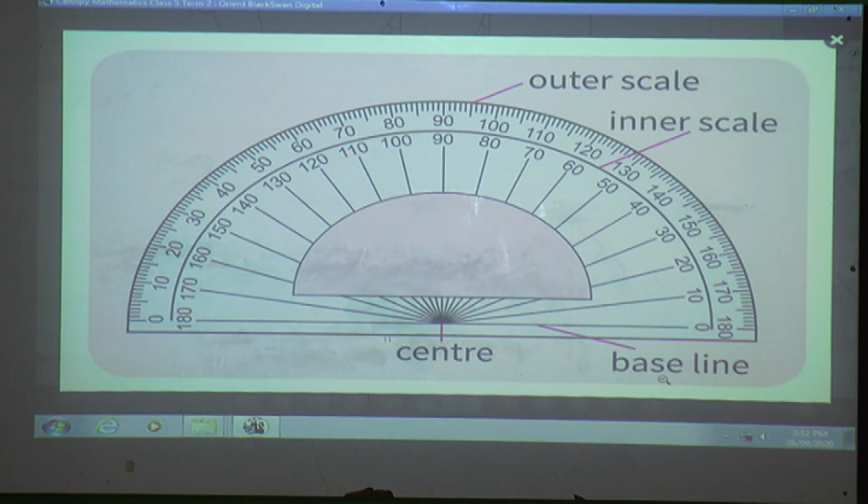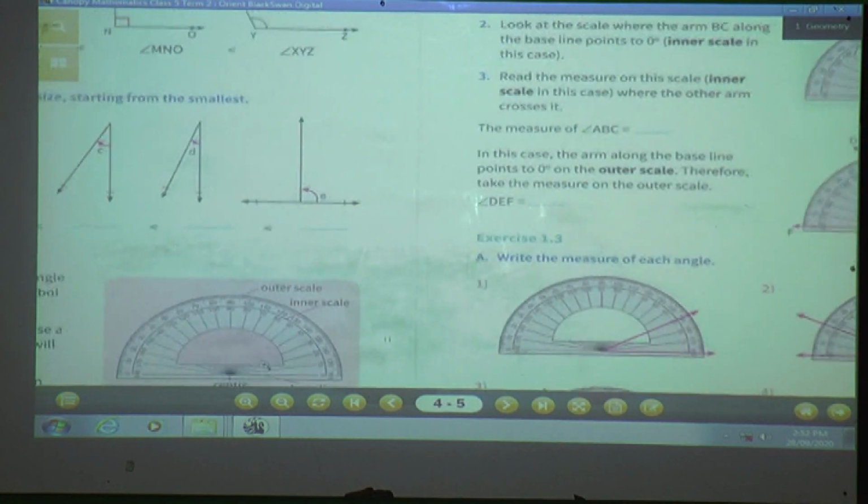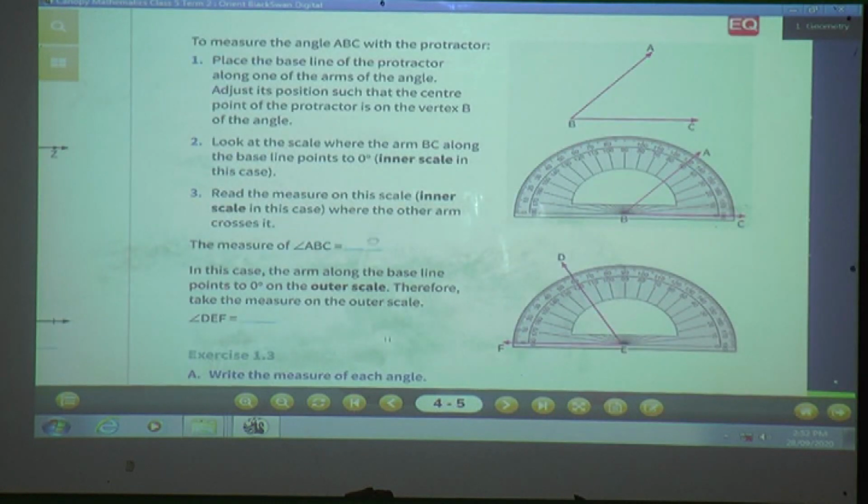Now the protractor can therefore be read from left to right or right to left. It also has a center and baseline joining the center O. Now next page, page number 5.